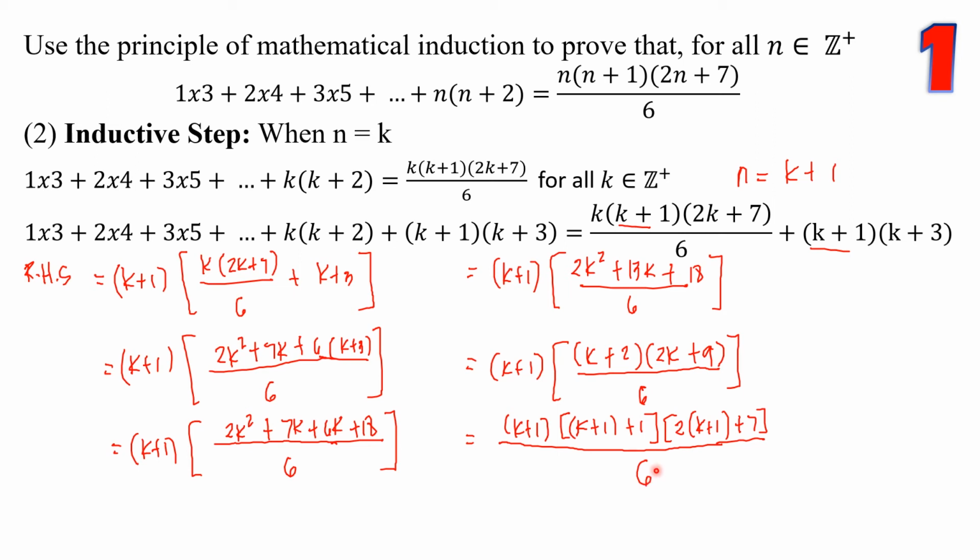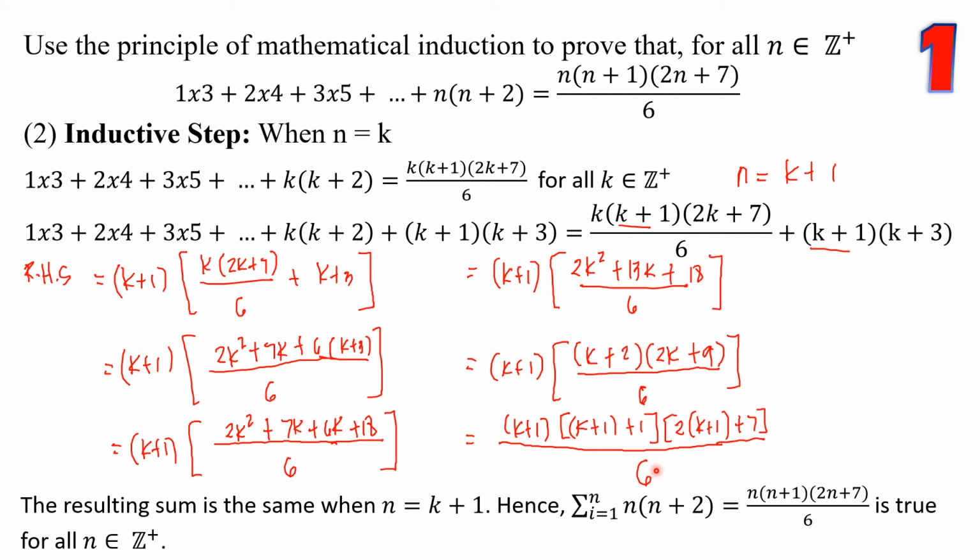So we have the same statement where n is equal to k plus 1. The resulting sum is the same. Hence, the summation of i times i plus 2 from 1 to n is equal to n times n plus 1 times 2n plus 7 all over 6, which is true for all n element of the positive integers.